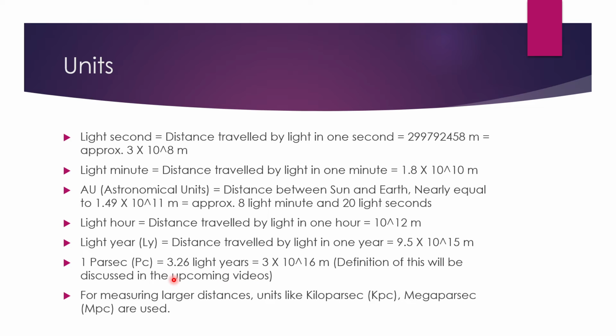In this video, I haven't provided the required information to define a parsec, but I will just give you its value, which is 3.26 light years. So 1 parsec is 9.5 into 10 power 15 meters into 3.26, which is equal to 3 into 10 power 16 meters. To measure larger distances, we use units like kiloparsecs or megaparsecs. Now, let's move further.